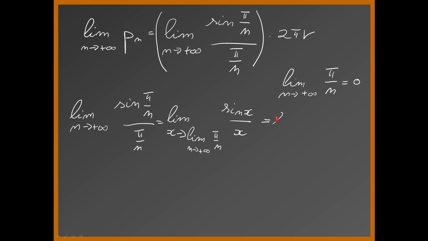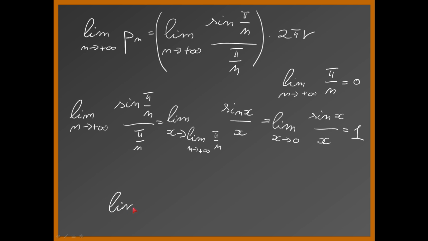And this is equal to the limit as x approaches 0 of sine of x over x. And this limit is 1.